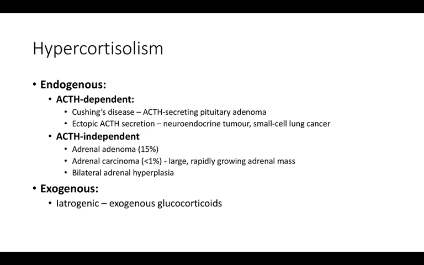Exogenous causes are most common and contribute 80% of cases. Endogenous causes can be divided into ACTH dependent, such as Cushing's disease and ectopic ACTH secretion, and ACTH independent causes, including adrenal adenoma, adrenal carcinoma, and bilateral adrenal hyperplasia.